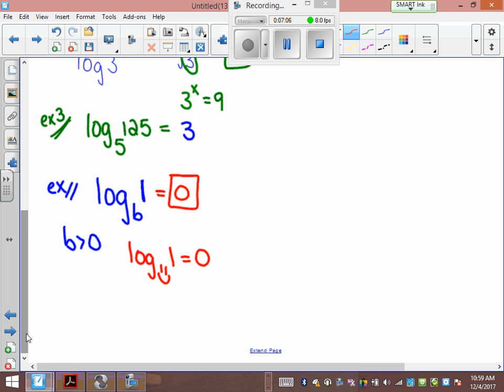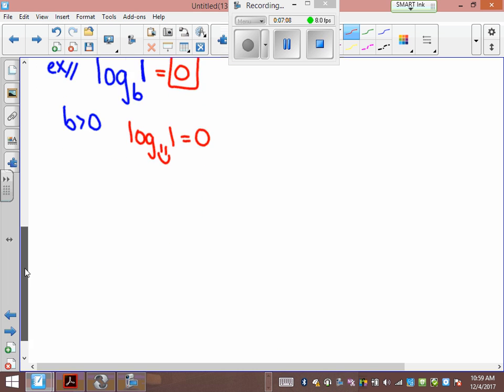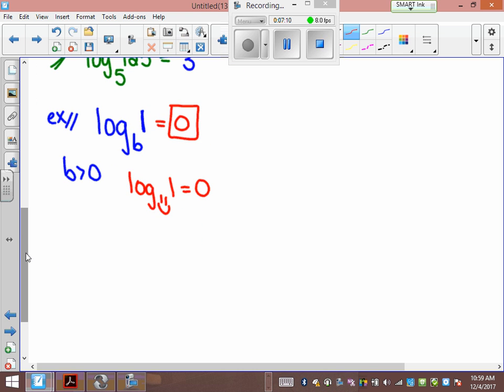What if I give you this? Okay, what if I give you this? Log base 4 of 4 to the k. So the 4 is a base.